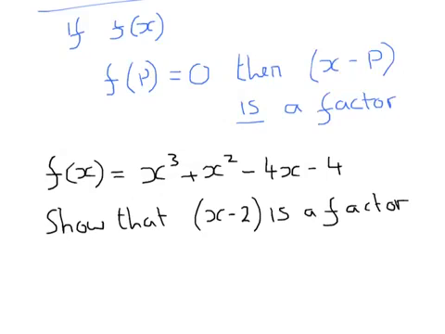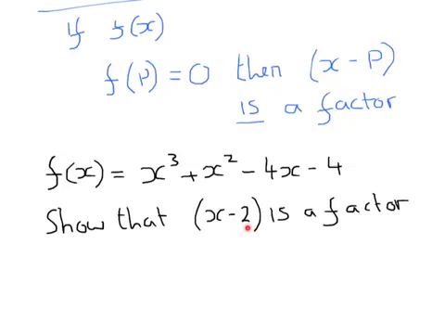Okay, so if we go back to what our original statement was, if some function of that, this is a value p, then this would be a factor. The only thing to notice, we have x minus p here. It's the value of p that makes this bracket 0, a bit like when we solve a quadratic. So it's kind of the negative of. If we had x minus p, we'd put p into the function.